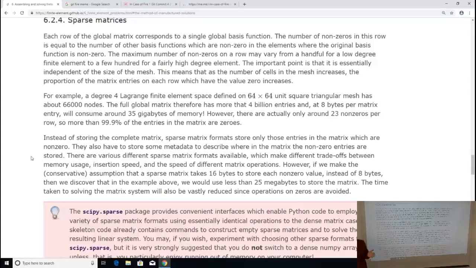In fact, a very, very common way of doing it that works really well for iterative solvers, so it's very widely used for PDEs, is something called compressed sparse row format. So what we do is on each row, we store a vector of non-zero values and a vector of the columns that they belong to.